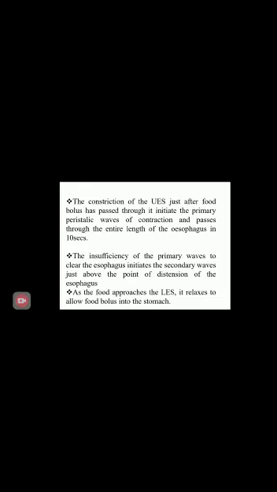That marks the completion of the whole phase of swallowing, moving the food bolus from the mouth through the pharynx and the esophagus into the stomach. Good day.